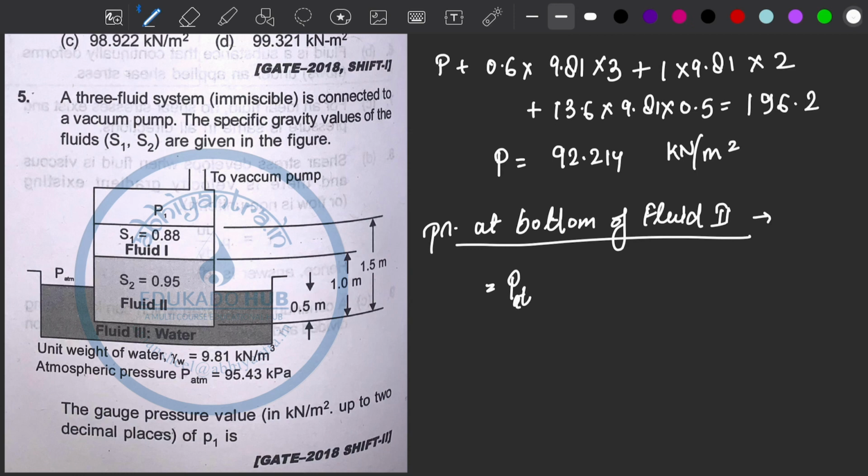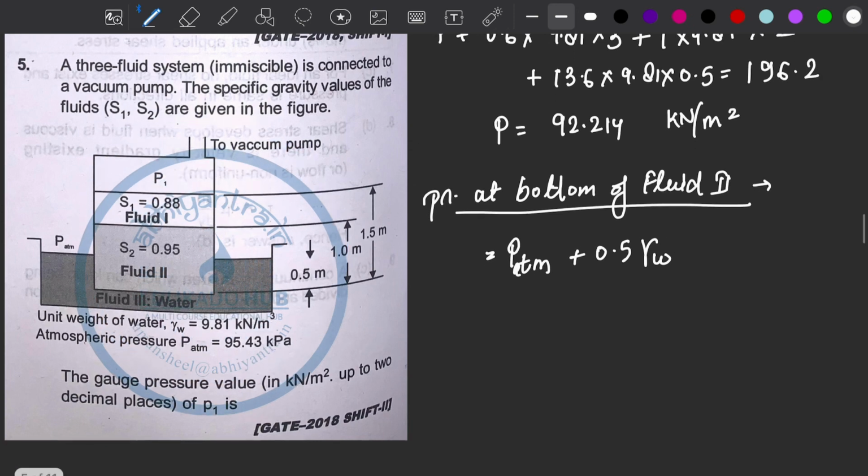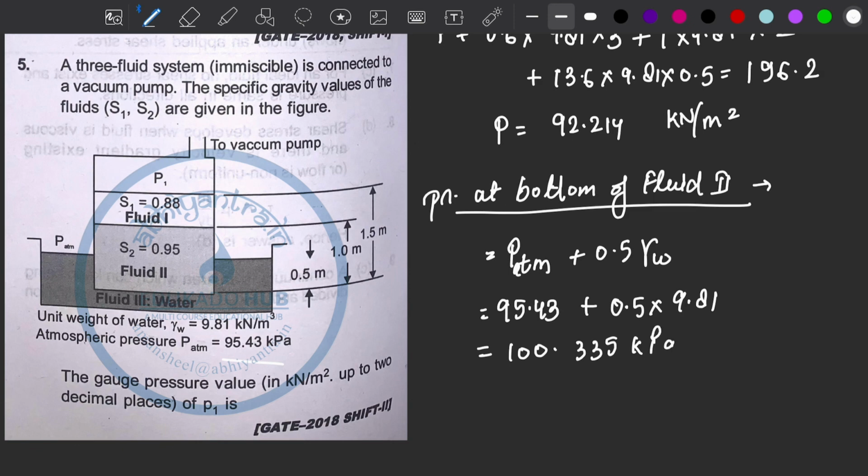the atmospheric pressure as well, plus this pressure of water, that is height 0.5 into 1 into gamma W. We can simply say 0.5 gamma W. So atmospheric pressure is given, which is 95.43, and 0.5 gamma W with 9.81 comes out to 100.335 kilopascal.